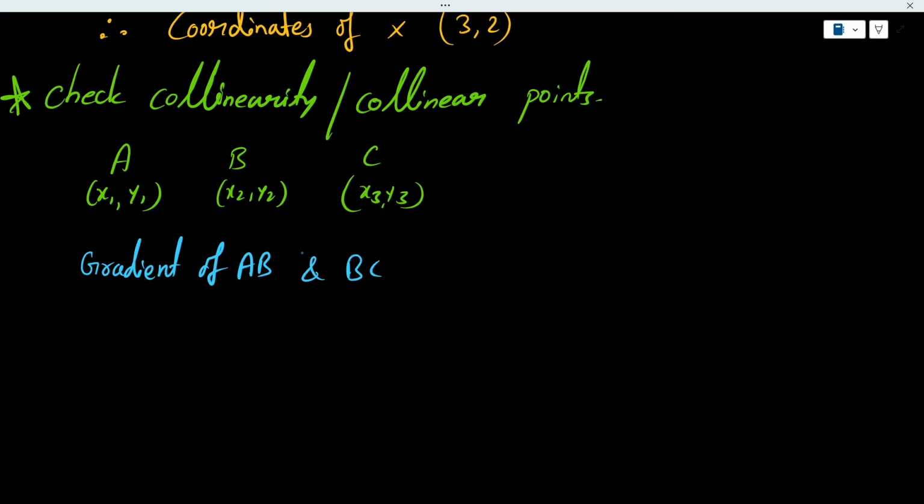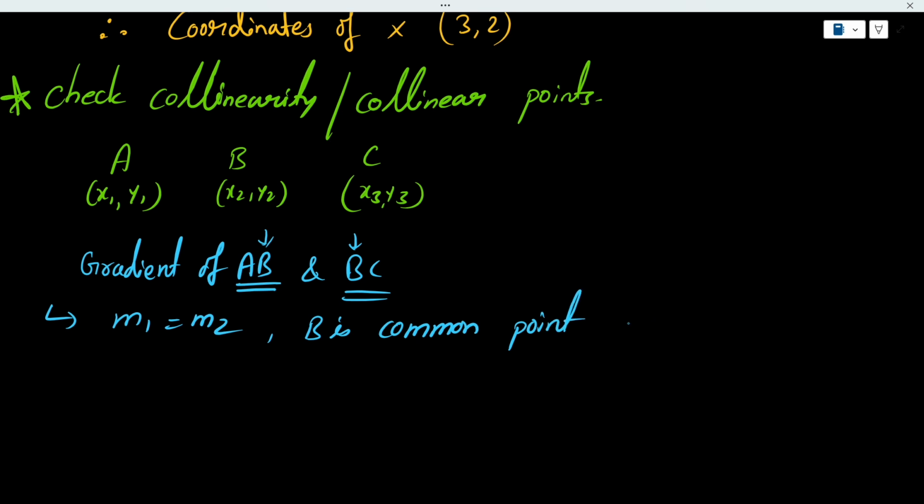If the gradients are equal, then both are parallel lines, because AB and BC have a common point B. Any one common point has to be there between AB and BC. So therefore A, B and C are collinear points.